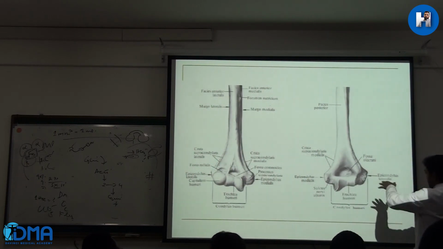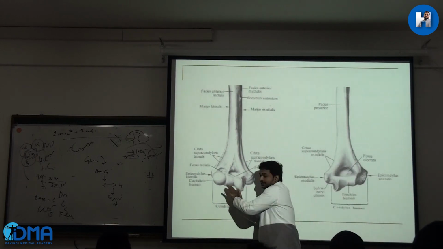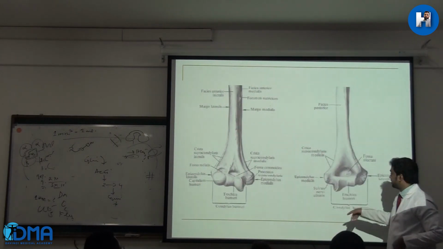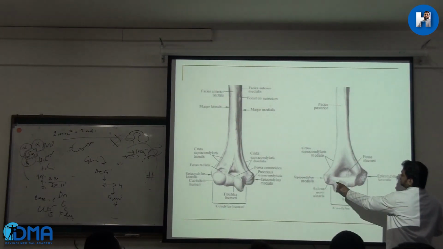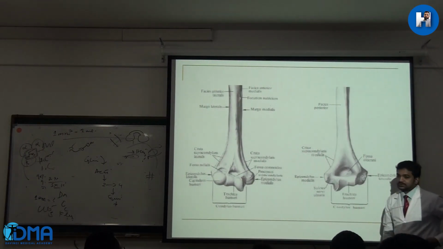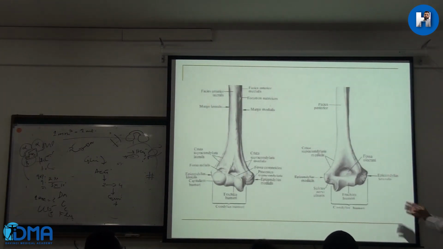Clear? Okay, posterior. So this trochlea is continuing like this. If you remember the lower structure of the femur, it is similar. Once it is coming over here, it is continuing till over here. And above this we will get what? There is a fossa for the olecranon, the olecranon fossa, and in the ulna you will be having what? Olecranon process.